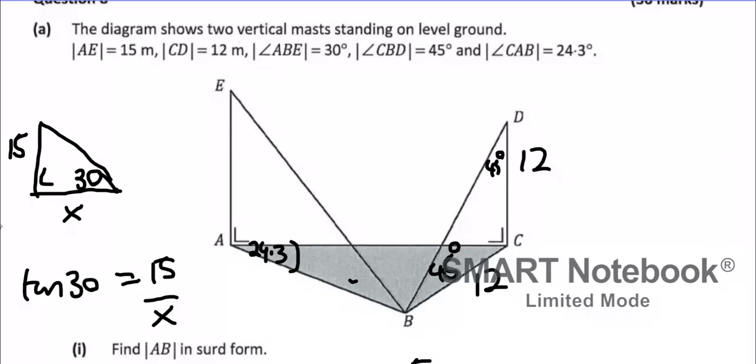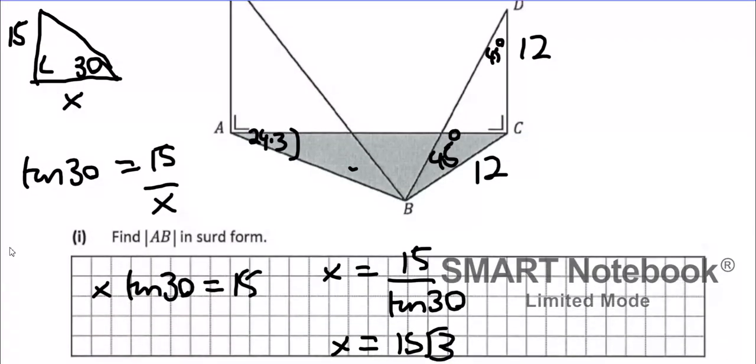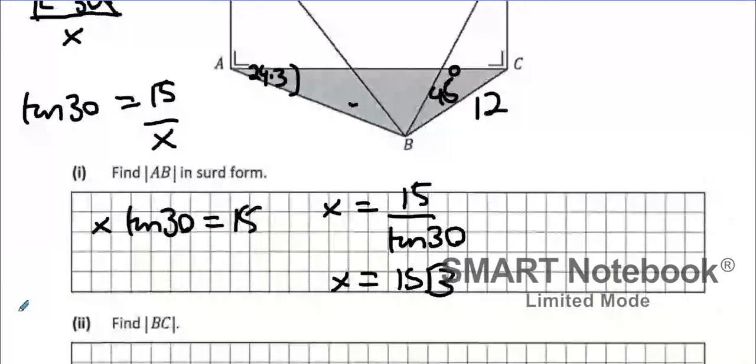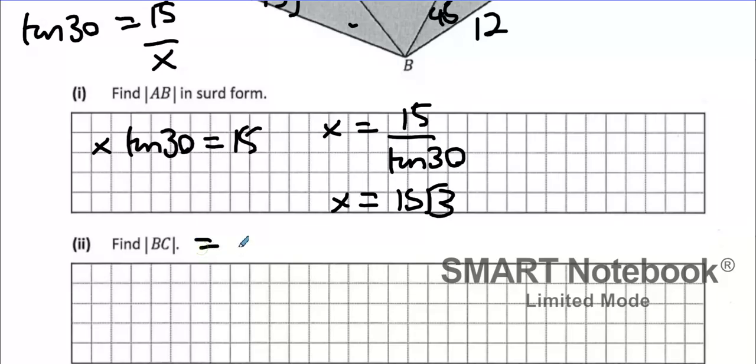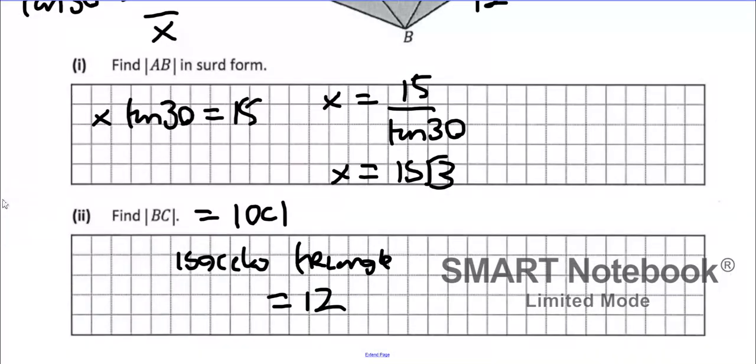I wanted to find BC. So just say BC equals DC, isosceles triangle. Did anybody else get the answer as well? 12. Okay, that was very handy.